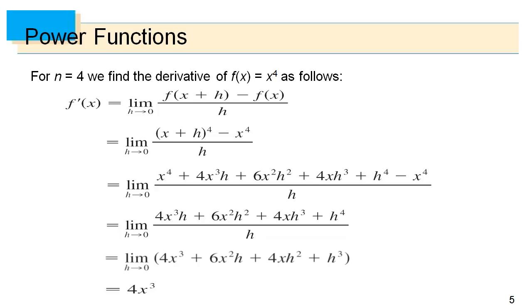You have to plug x plus h into the function, which means you have to raise it to the power of 4, so you're going to have to FOIL it over and over again, combine all your like terms, and simplify. You finally get things all in terms of h, so you can do the division and get rid of the h. Now you take the limit as h goes to 0, which means all of the pieces that still have h's in them go away, and you're left with 4x cubed.